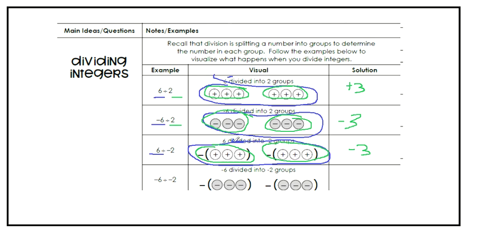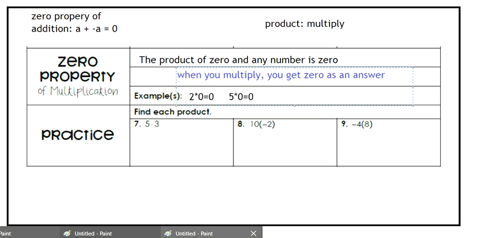Okay, and then the last one is negative 6. So you have negative 6 divided by negative 2. Here's a negative 2 group, here's a negative 2 group. And that one's going to be a positive 3, because all of these would be switched to positive. So you're kind of doing the same thing as before, just a little bit different.